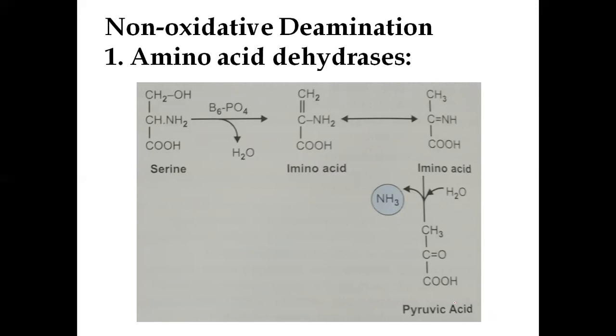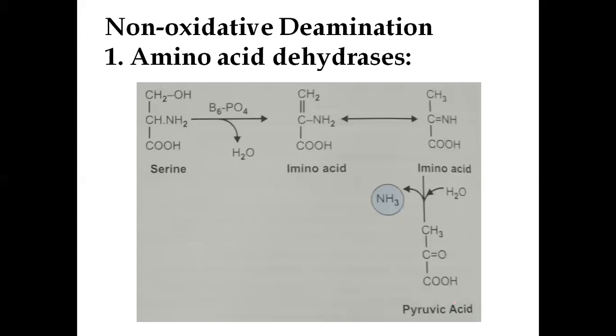So NH2 will be removed from these amino acids in the form of NH3. These reactions play an important role in NH3 formation. There are only 3 types of non-oxidative deamination.